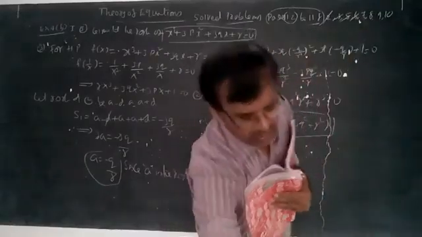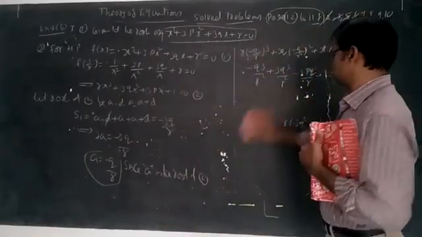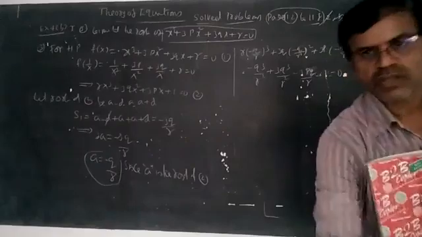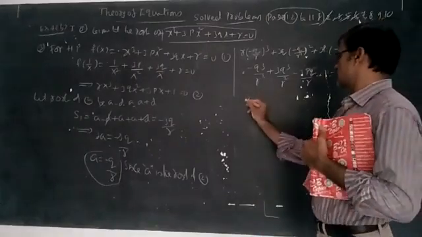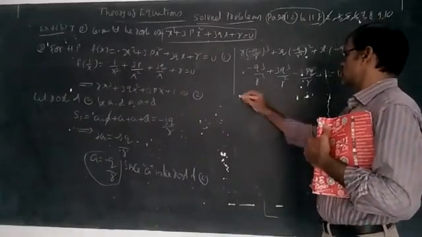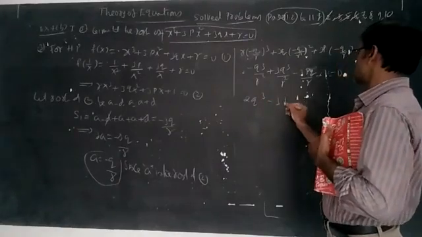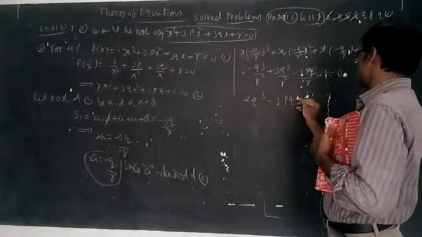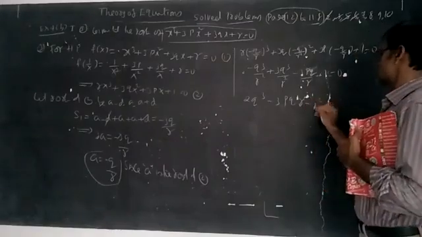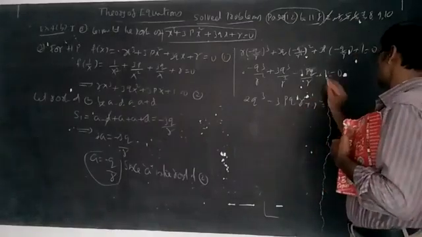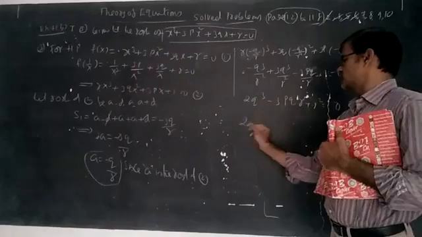Now, once again, we should write the condition. 2q cube by r square minus 3pqr plus r square equal to 0 by taking r square LCM.